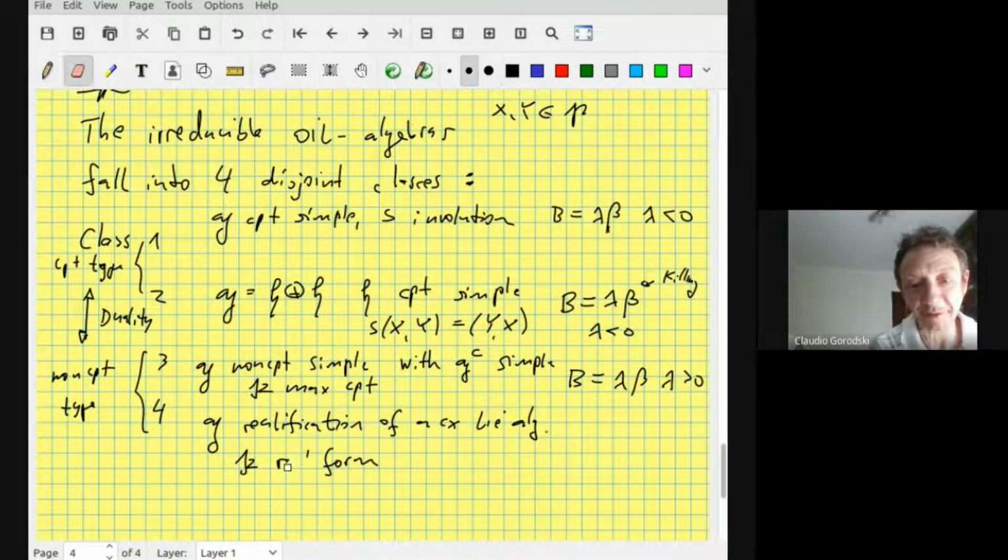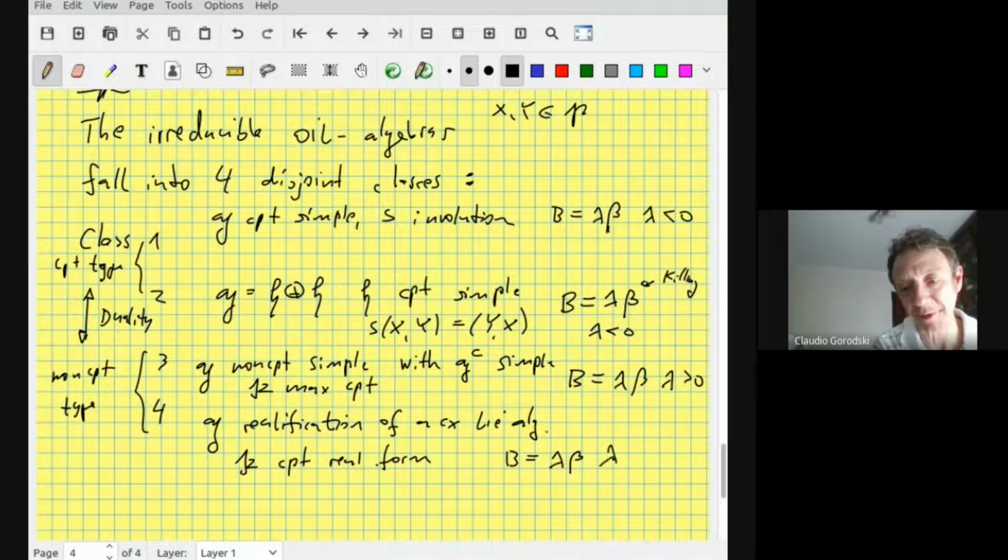It's a compact real form, right? So here also the multiple is positive. So these are the 4 classes. Let me give you a few examples.